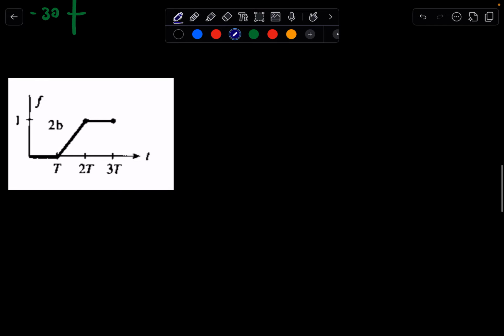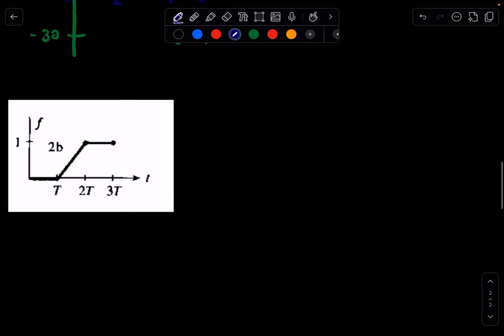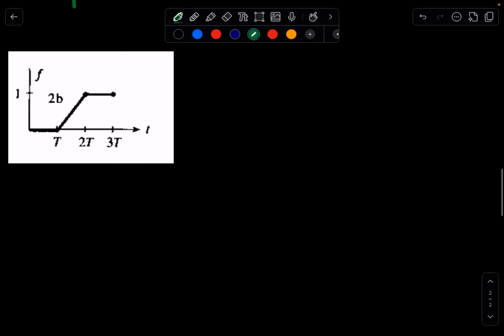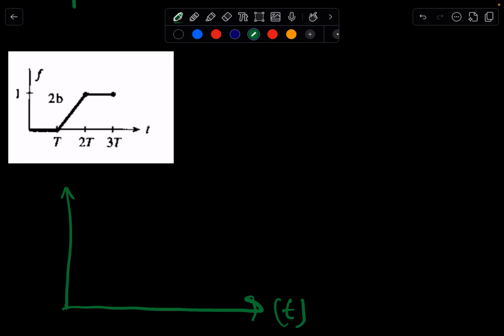Let's go to another example right here. So we're trying to plot a velocity versus time graph, right? Velocity versus time. This is velocity, using what we have here, which is, call it distance, and this is our time.